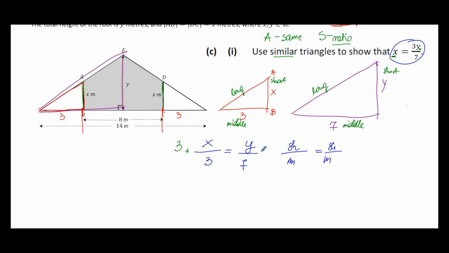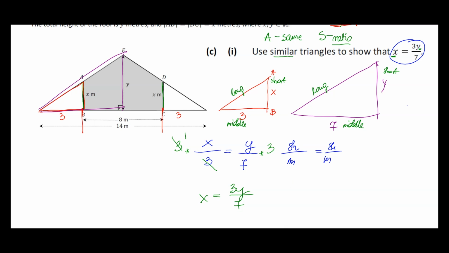If I multiply one side of the equation, I have to multiply the other side of the equation. How will that get rid of that 3? Because 3 divided by 3 is 1, and 1 multiplied by x is x. Therefore, on the other side, we have y multiplied by 3, which is 3y, over 7, and yes, we have what they were looking for.